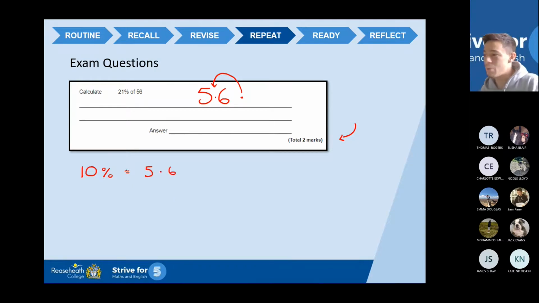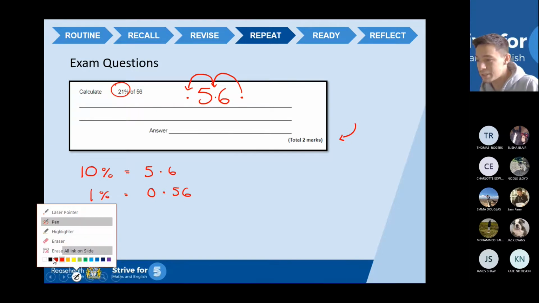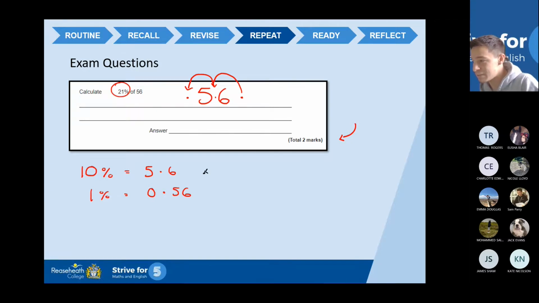Okay. Now, 1%, we have to move the decimal point 2 places across. So it goes across once more. So 1% is actually 0.56, which is really important for us to establish. Now, we want 21%, okay? So what do I need to do? Well, I need to take my 10% and times it by 2, which gives me 11.2.